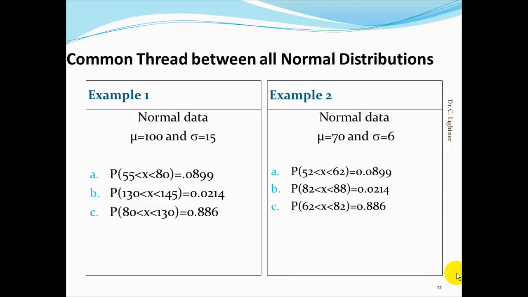In example 2, part B, even though this example had a different mean and different standard deviation and asked for x falling in a different interval, we still obtained a probability value of 0.0214. The similarity between these two examples lies with the term that we learned in a previous section called the z-score.